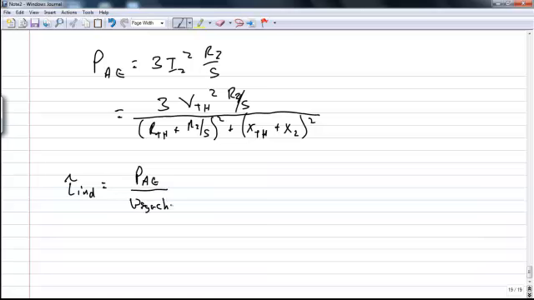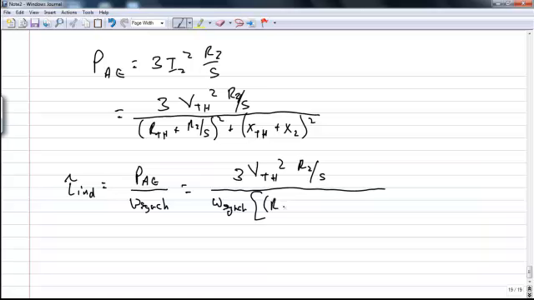So now we can write an expression for the induced torque, which would be as follows. 3 VTH squared R2 over S, divided by the synchronous speed times the expression from the denominator of our air gap power equation, RTH plus R2 over S squared plus XTH plus X2 quantity squared.